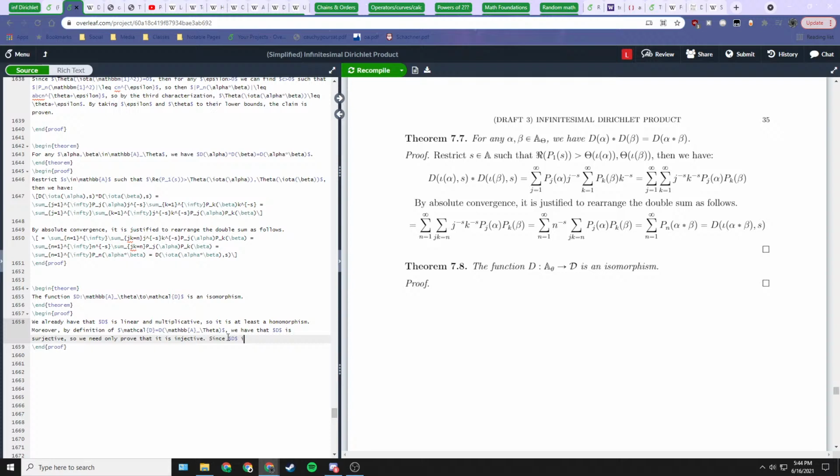Since D is linear, it is enough to prove that D of alpha equals 0 implies alpha equals 0. We want to be specific: this is 0 as a function, the 0 function.